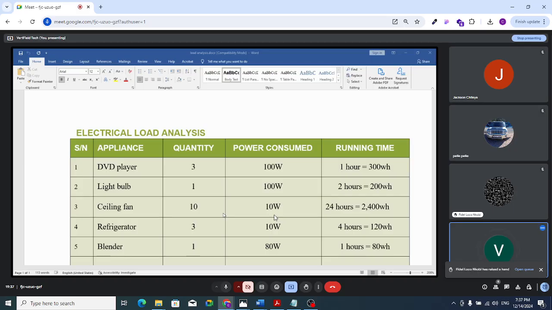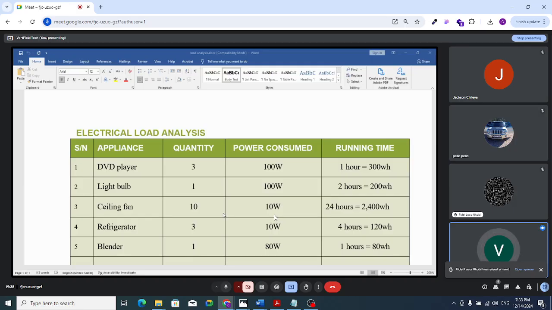Before you can carry out a load analysis on any facility, no matter the number of appliances, you need to take into consideration three standard parameters. The first is the quantity of appliance. The second is the power consumed by the appliance, and the third is the running time of the appliance.